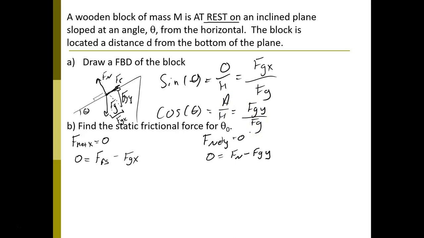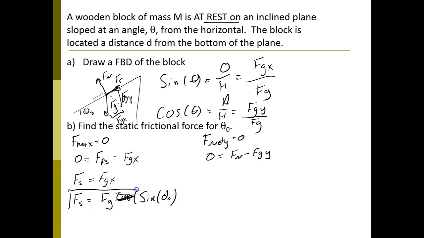If I plug that in, my Fs is equal to my force of gravity in the x direction, so Fs is equal to Fg times the sine of whatever that theta 0 is.